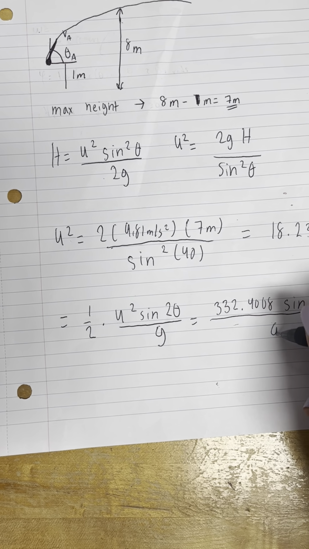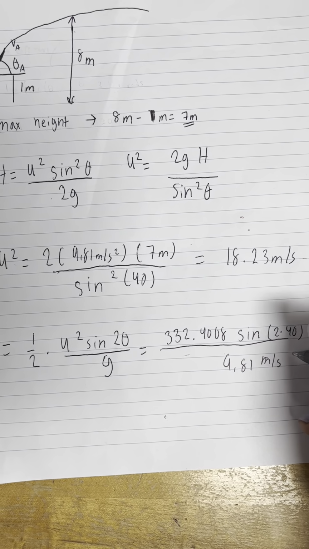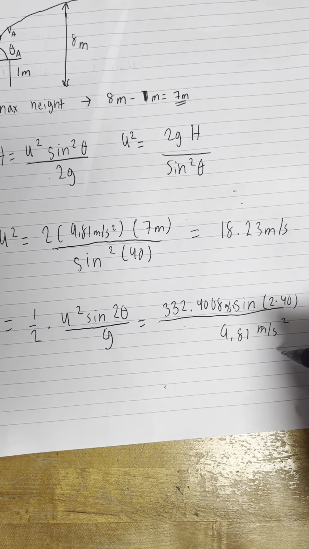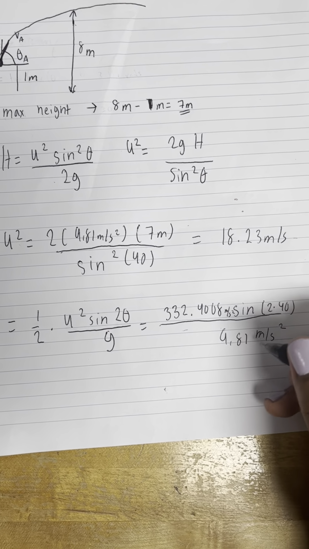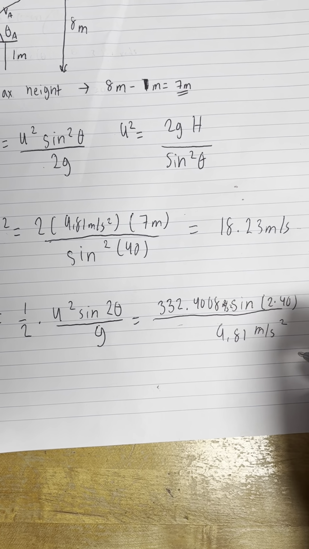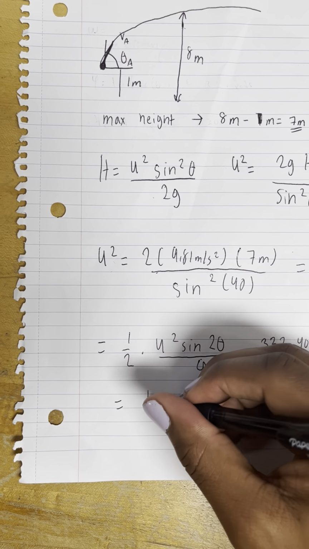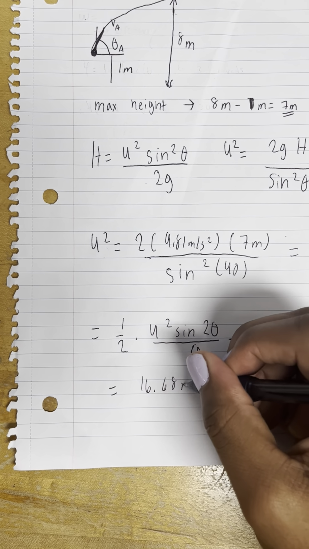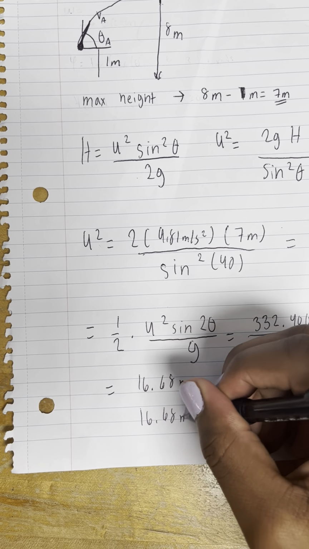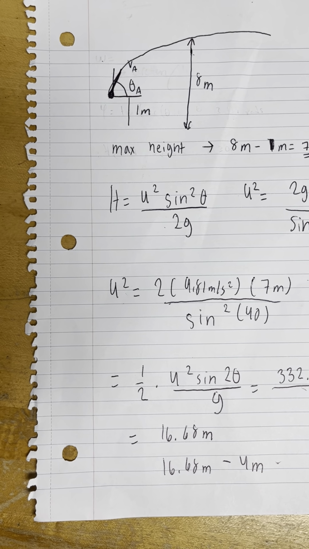Then again, 9.81. All right, and then from here, I believe those units are correct. It should be meters squared here. That's the way it all comes out, equaling 16.68 meters. Then you do this 16.68 meters minus 4 meters.